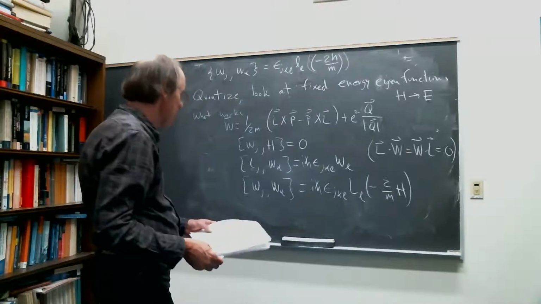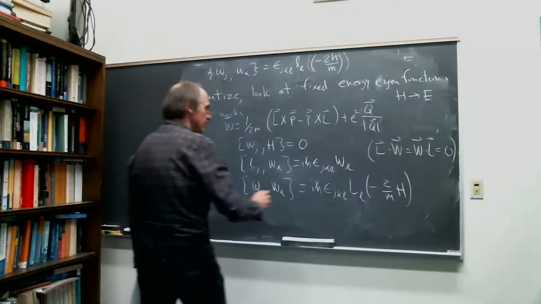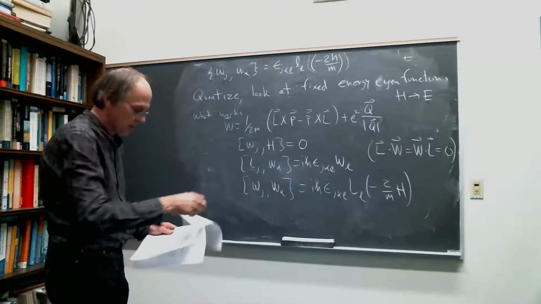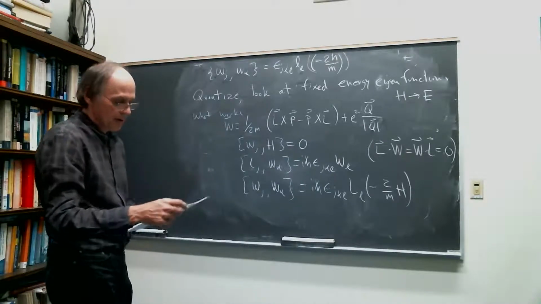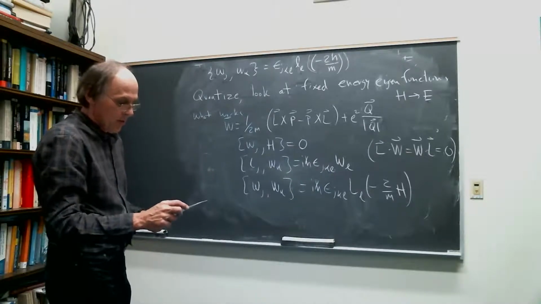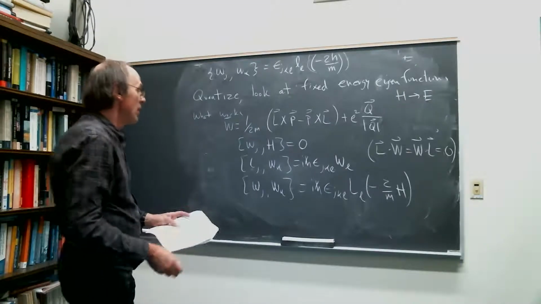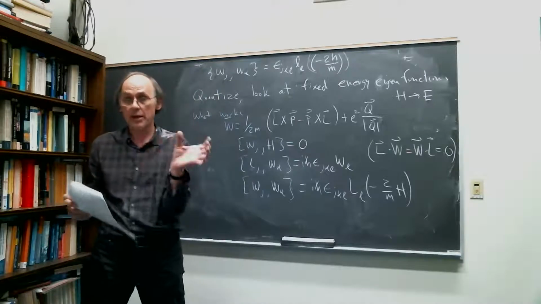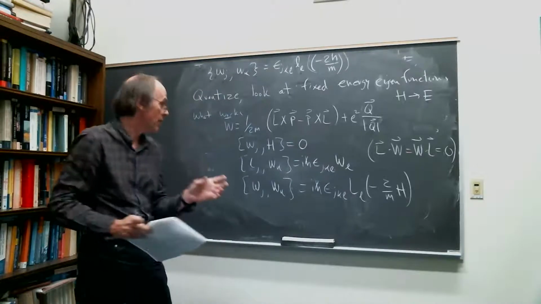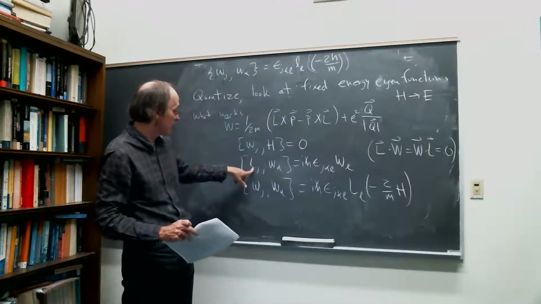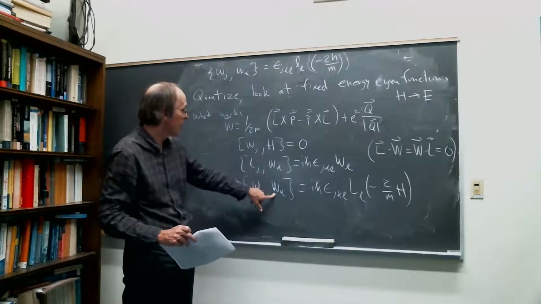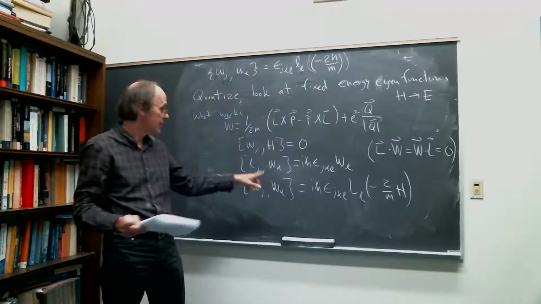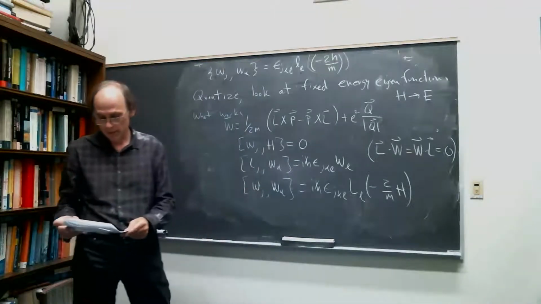Okay, so now what we've got. Okay, I better try to finish this. So now we've actually got three kind of Casimirs here. We've got the Casimirs for this SO3, the Casimirs for this other SO3, and we've got H. So we've got H, and then these Casimirs for the two SO3s.